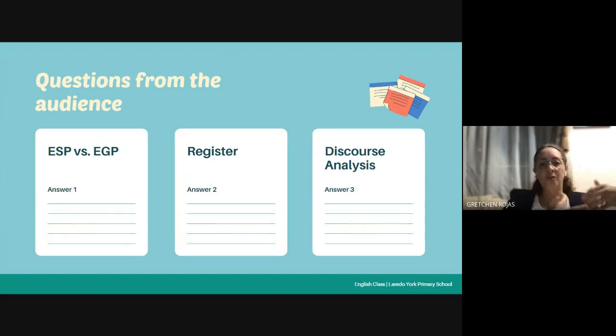So imagine that we have to analyze the situation, identify which tasks we're going to construct, the activities, the skills that the learners are going to need or they're going to develop during the course, and also discourse analysis.